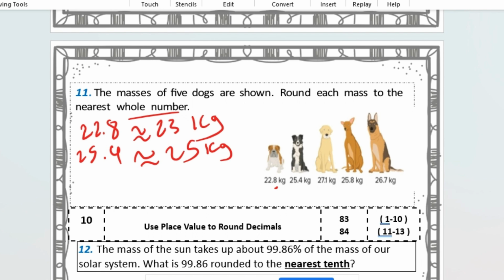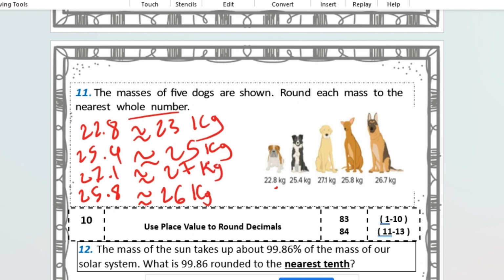The third dog is 27.1, approximately 27. The fourth dog is 25.8, which will round up to approximately 26 kg. And the last dog is 26.7. This will become 27 kg.